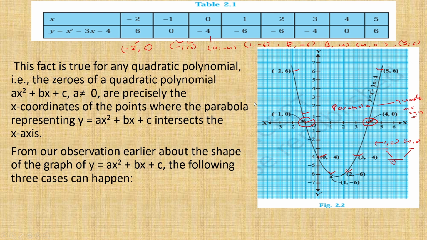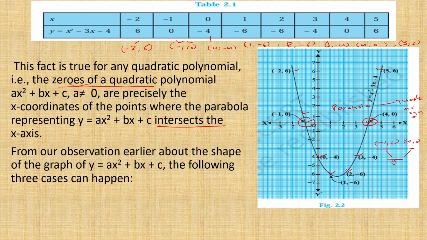So from this we concluded that where this graph intersects the x-axis, those are called zeros of the quadratic polynomial. These 2 terms, remember: where the graph intersects the x-axis, those are called zeros of the quadratic polynomial.